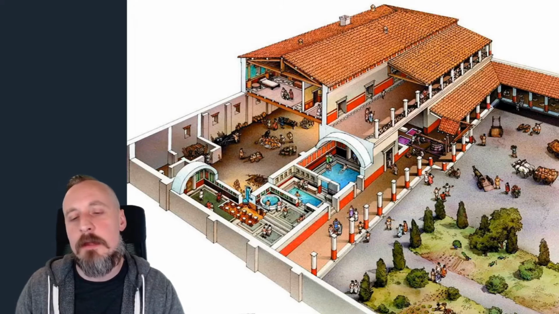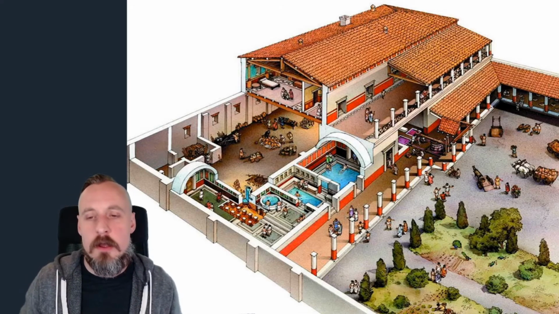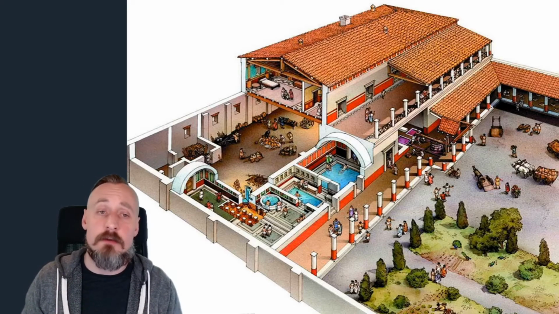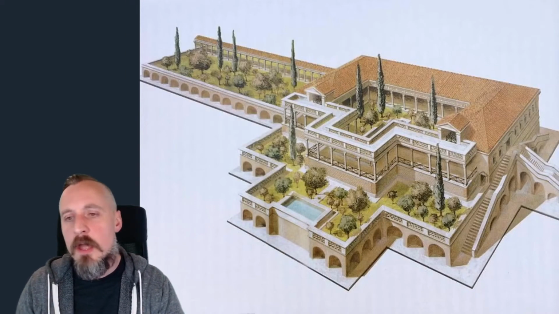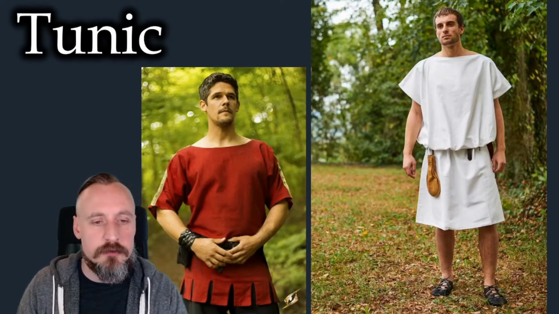And they became almost like little cities in and of themselves because they would be centered on farmland where everything that they needed would have been grown. But the villas were just the height of individual residential architecture.